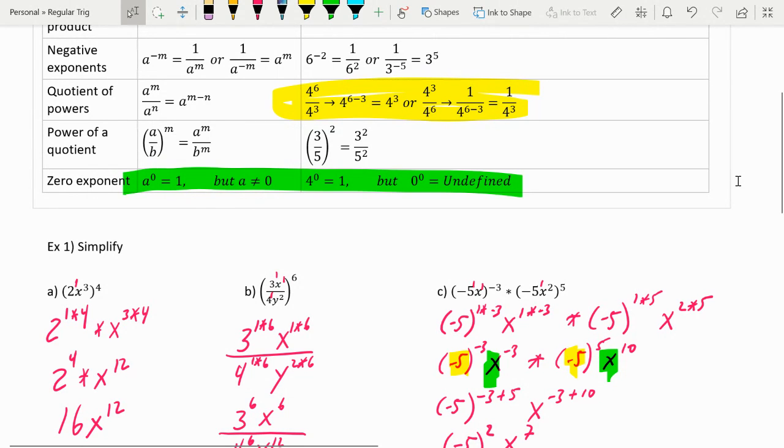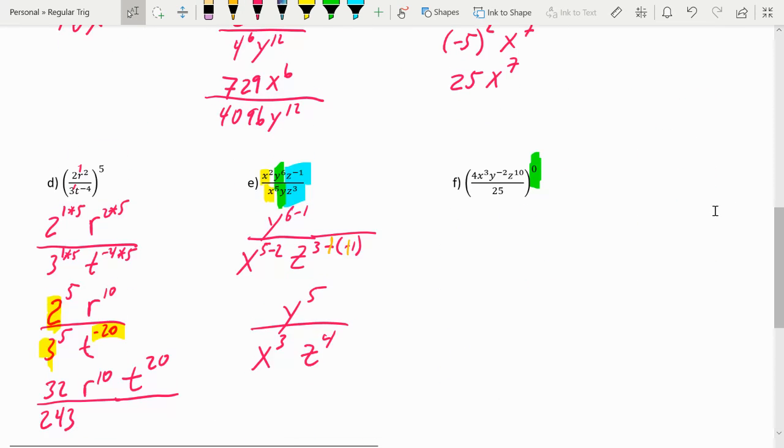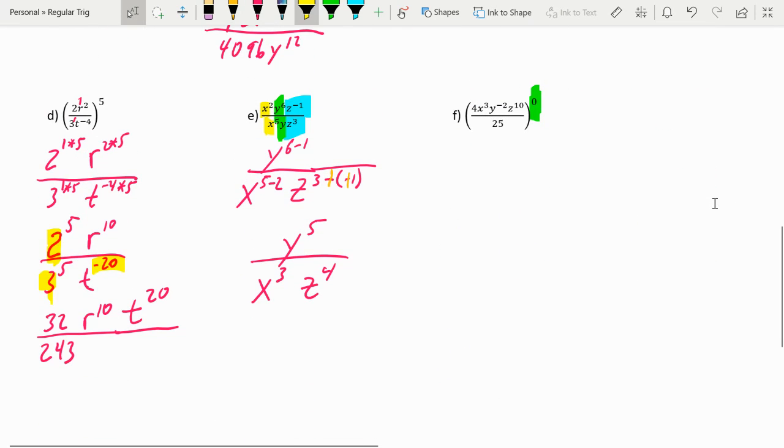All you have to make sure is that the expression inside the parentheses is not 0, because 0 to the 0 power is undefined. So let's look at it. Is this inside 0? No, none of it is 0. Do I care what it is? Nope. The answer is 1, and I'm done.